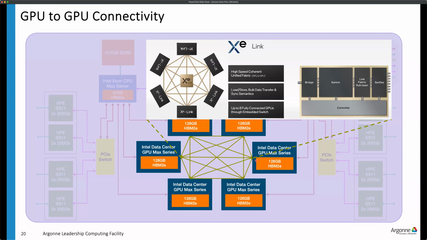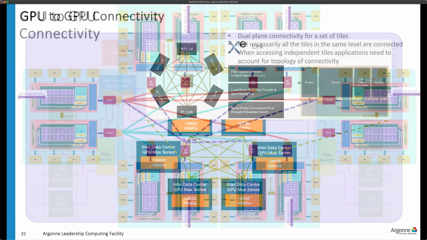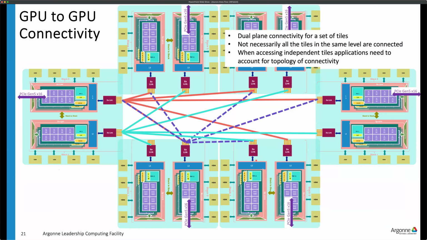When a user looks at this diagram, it could be implied that it's simplistic in design and that all the GPUs are just connected between each other. But as I explained earlier on, we have a dual stack architecture, right? How the connectivity is done on the system is you have two different planes. 6 tiles on one plane and 6 tiles on another plane are connected to each other.